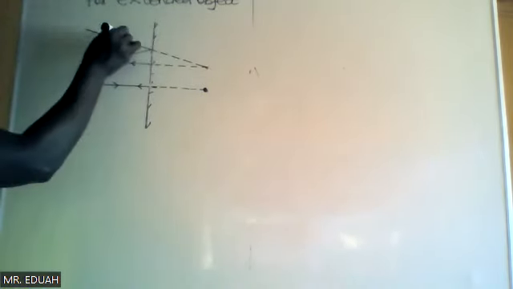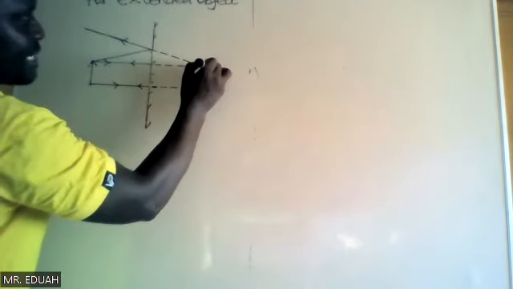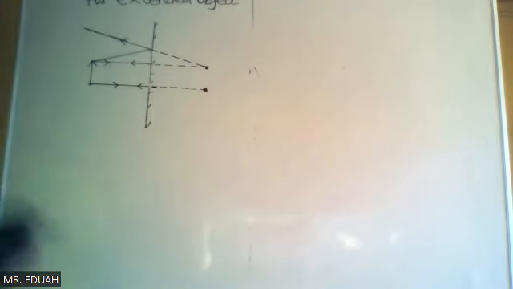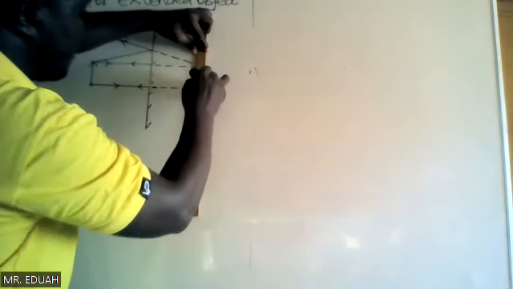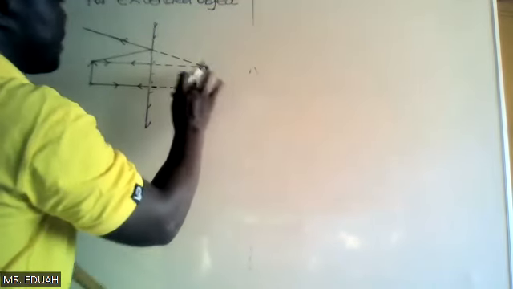This is the reflected ray, and this is the point where the two rays appear to meet. When you join it, you have the image.